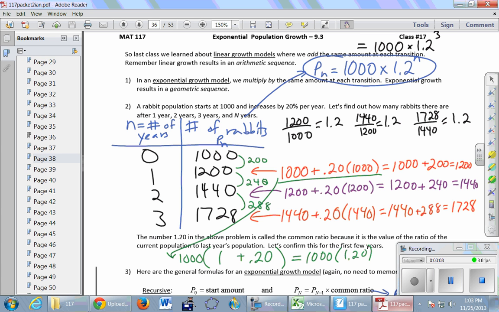The easier way to do it was to say, wait a minute, if you increase by 20%, then what percentage do you really end up with when all is said and done? If you increase something by 20%, then what percentage is still there at the end? It's 120%, right? The 100% that you start with plus the 20% you gain.